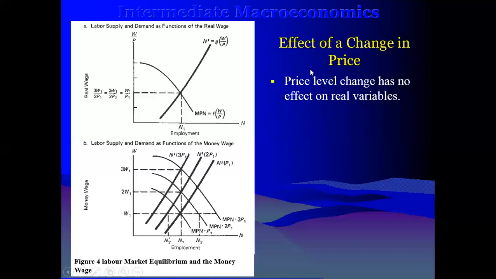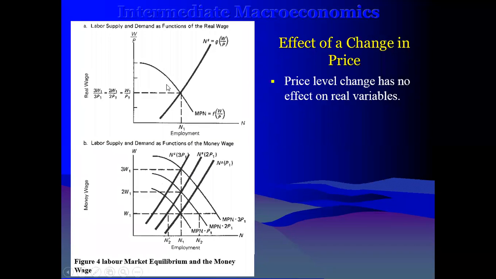So whatever change happens with the general price level will have no effect on the real variables. What this means is that if there's a change in price, when you go to the labor market, it is going to have no effect on N star, which means there's going to be no effect on Y star.